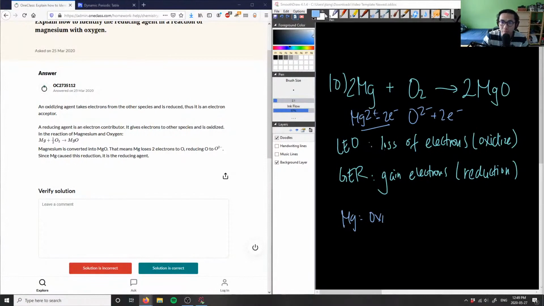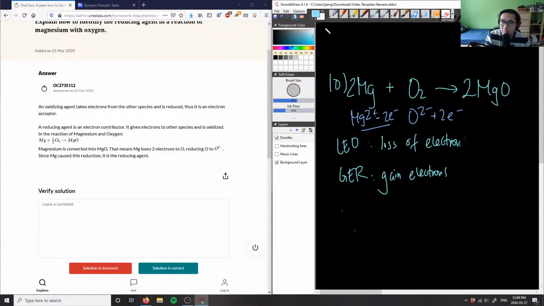Okay. Wait, hold up. So let me erase this. So LEO says GER. So if I'm losing electrons here, my oxidation state is going to increase. Actually, no, I think the solution is correct.